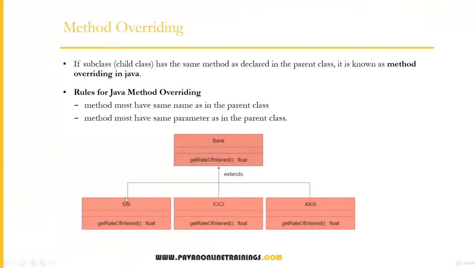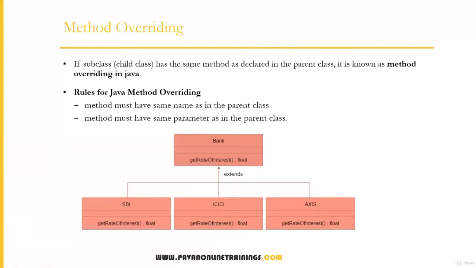So I will change the body of this method here. Similarly, the same method is recreated in the other classes, because the rate of interest value changes from one bank to another. So I can acquire everything from the parent class and then override those methods. This is a real scenario.